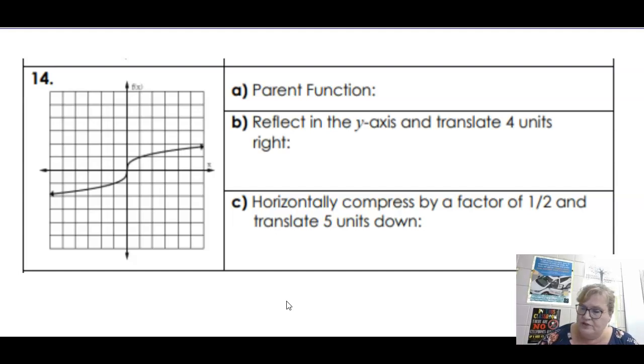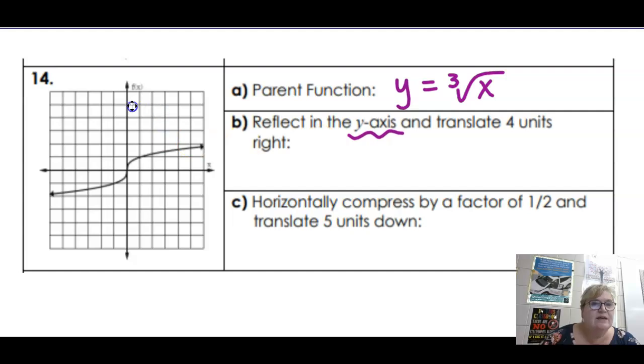This one, parent function, anybody recognize that one? That is a cubed root. Okay, should be on your reference sheet or check your notes. Reflected over the y-axis. That means it's shifted this way.